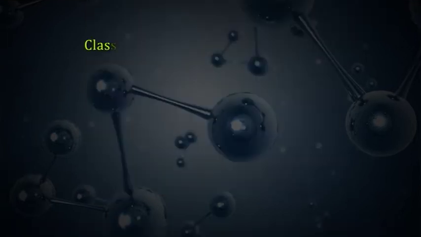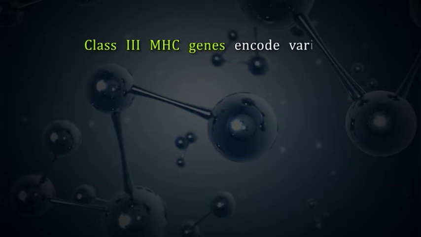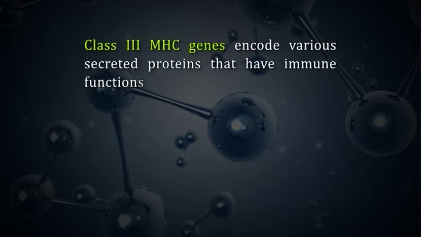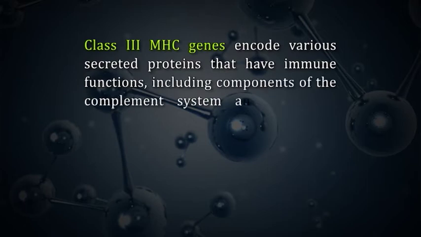The third one is the class III MHC genes, which encode various secreted proteins that have immune functions, including components of the complement system and molecules involved in inflammation.